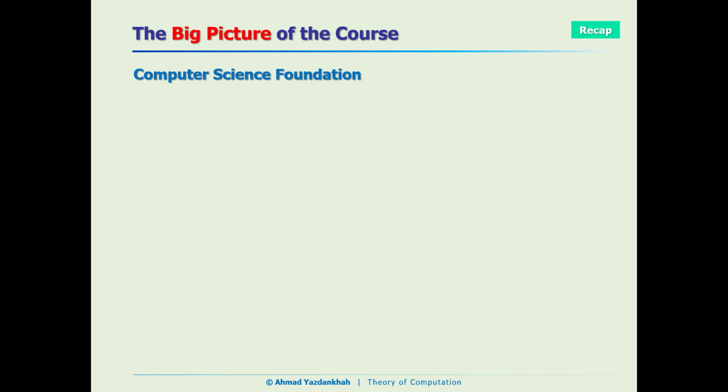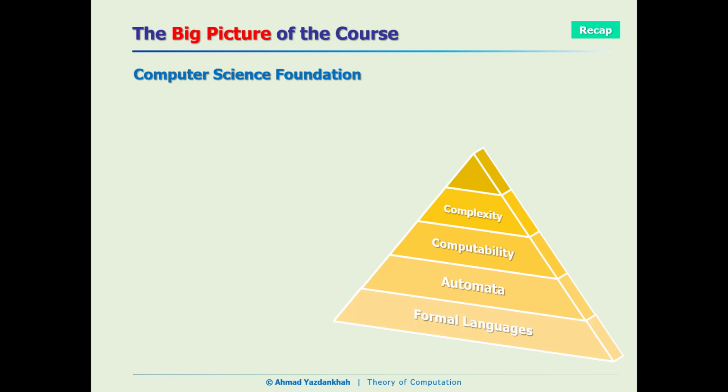Before going further, let's look at our roadmap again and see where we are. As we have learned so far, computer science foundation, that is called theory of computation, is based on these major branches. And we started with formal languages, but it was in fact an introduction, and we said we would get back to this.